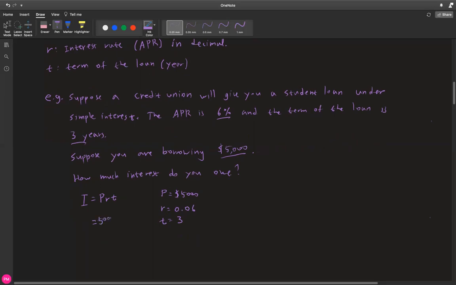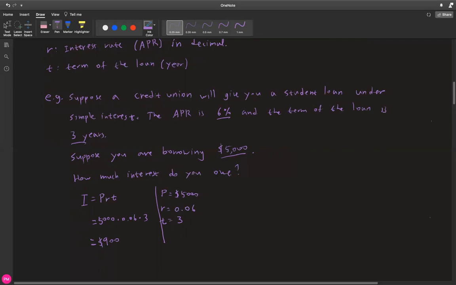So it's 5,000 multiplied by 0.06 multiplied by 3. This is where you use the calculator to put this in, and this will actually end up being $900. So what is this 900?